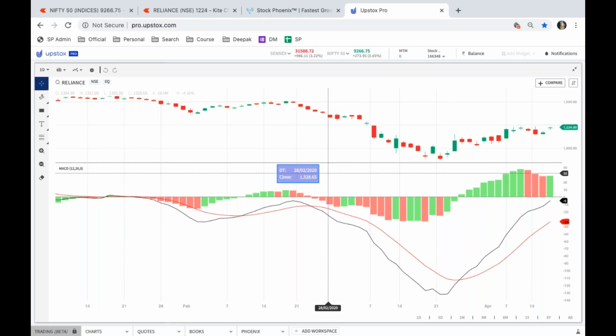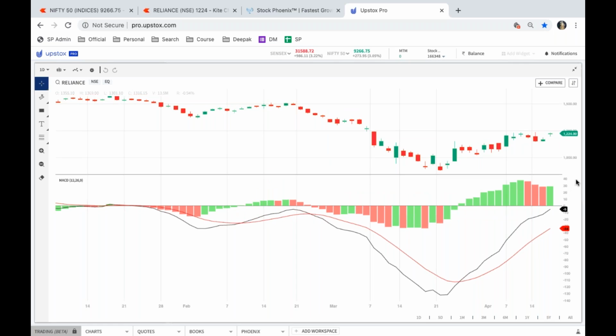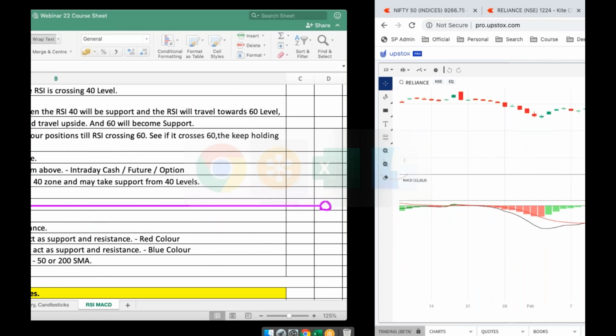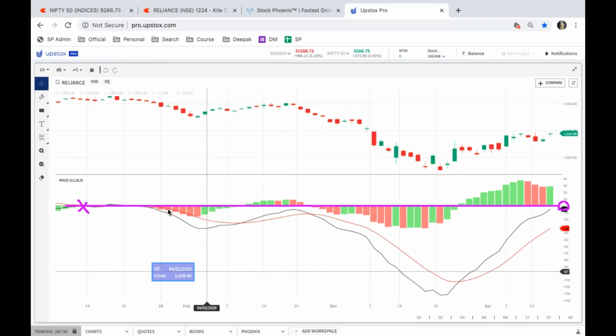Okay. So now let's understand the anatomy of the moving average convergence divergence. This is called the zero line. We don't have anything to do with the zero line. Are we clear? I'm repeating. It is the zero line which is going. We don't have anything to do with it. It is completely not important.